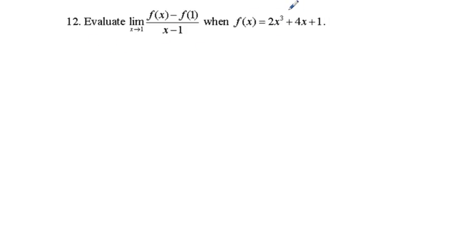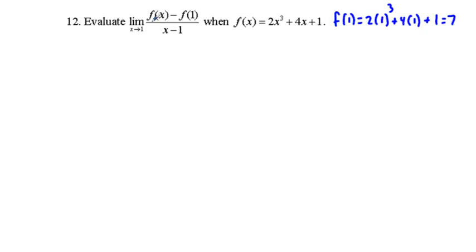First we have to find what f of 1 is, don't we? Because that's what we have to subtract. So f of 1 is equal to 2 times 1 cubed plus 4 times 1 plus 1. So that's going to be 2 plus 4 plus 1, which is 7.